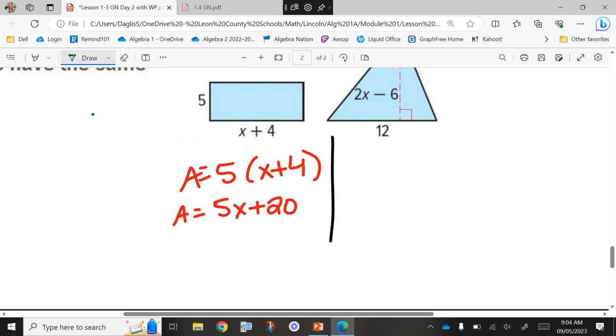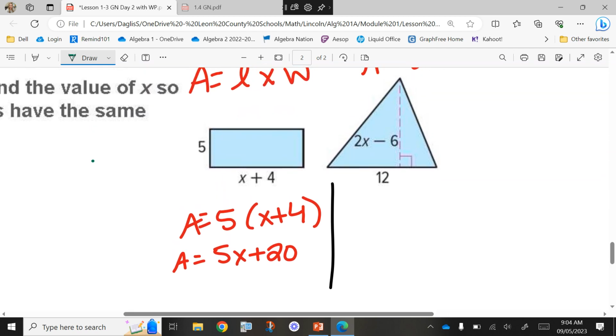Step 2. Find the area of the triangle. So I need 1/2 of the base, which is the 12, times my height, which they have labeled as 2x minus 6. We already did order of operations in this class, right?